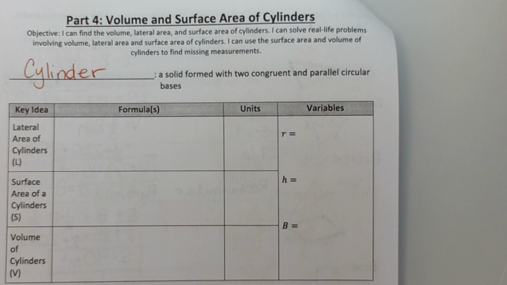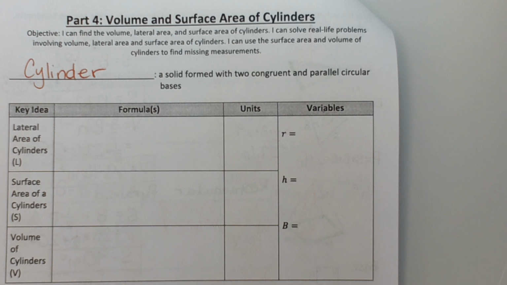Now, to be slanted, that means both bases still have to be congruent. It just means that they're not directly above one another. Looks something a little more like that. But if it was a slanted one, it would make a parallelogram instead.